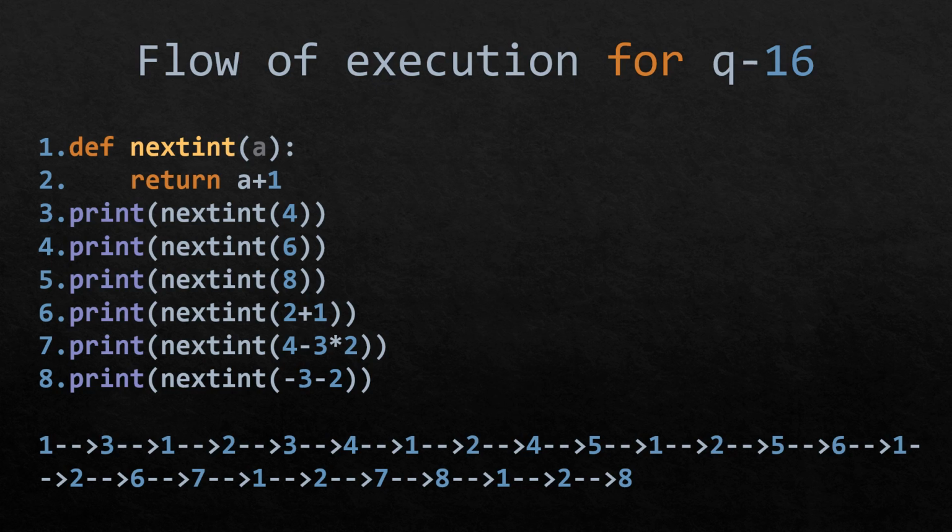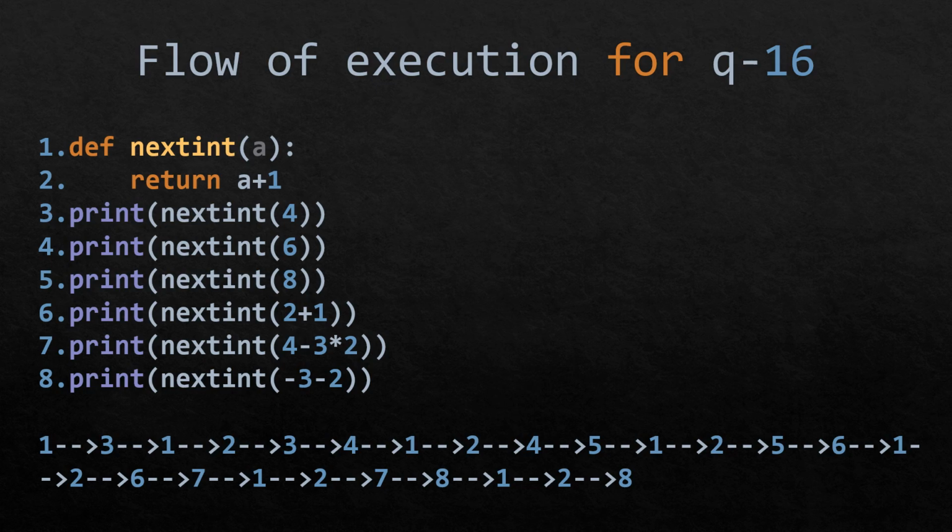So it will again go to the function definition part, which is written in line number 1, and will execute line number 2. Here in line number 2 there is a return statement, so it has to return to the place where the function is called. So it will again come to line number 3, and after printing the value, it will go to line number 4.